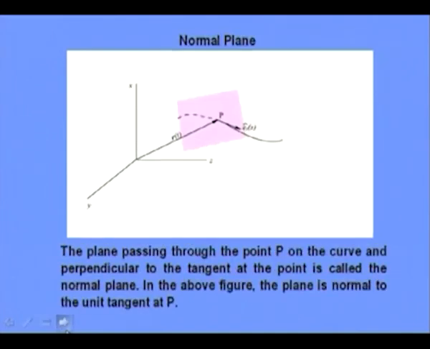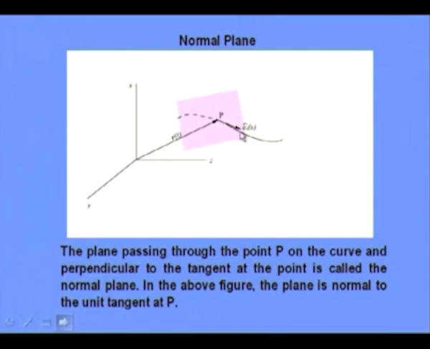Now, we define another plane, that is called the normal plane. The plane passing through the point P on the curve and perpendicular to the tangent at the point is called the normal plane. You see here at this point P, its position vector has been indicated by RT.